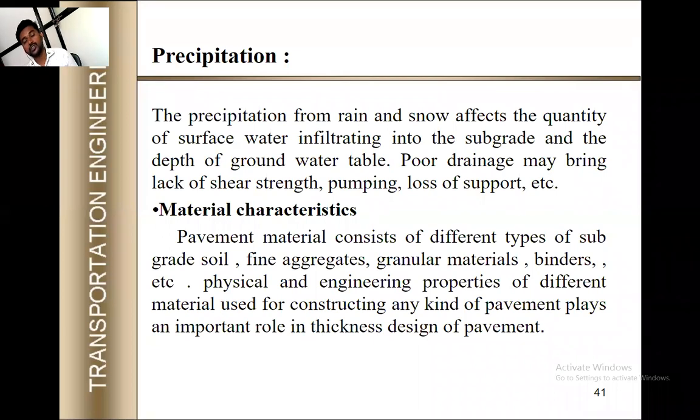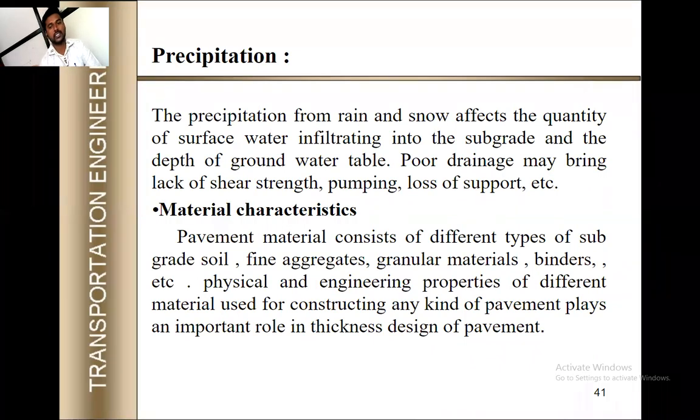Material characteristics also we need to understand, because whenever we are designing anything with any kind of material, we first need to understand the characteristics of that particular material before designing. If that material is good, then ultimately the structure will be good. If the material is poor, ultimately the structure will be poor. So we need to first understand the material characteristics in the road.